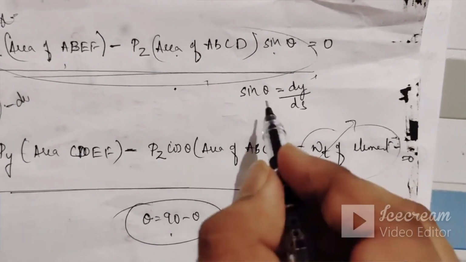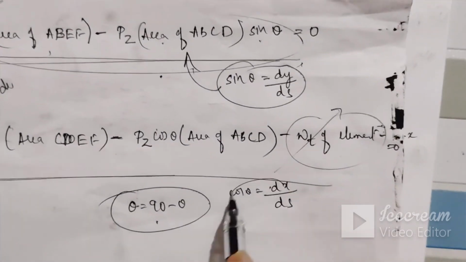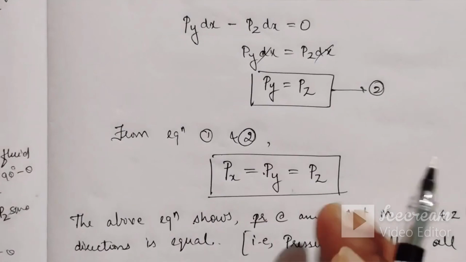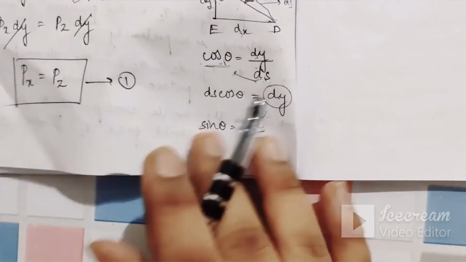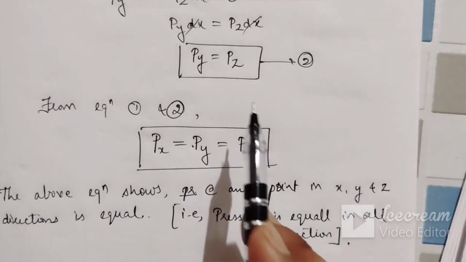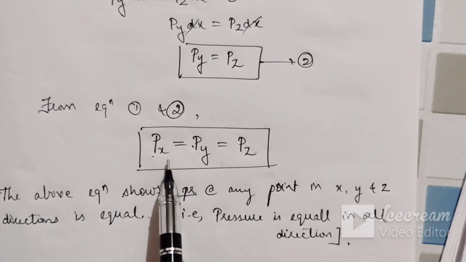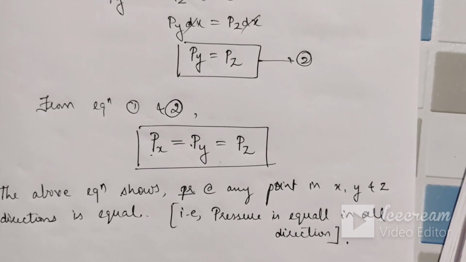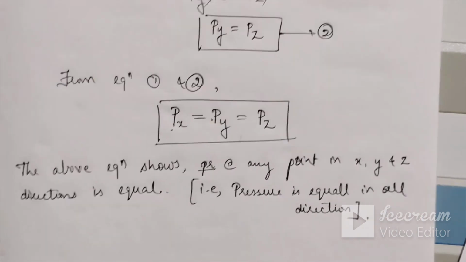If we substitute this value here and this value here, we will get the required answer, that is px is equal to pz and py is equal to pz. So from equation 1 and 2, px, py, pz are equal, so that the pressure at any point in a static liquid is the same in all directions. So this was about Pascal's law. Thank you. The next topic will be discussed in the coming classes. Thank you.